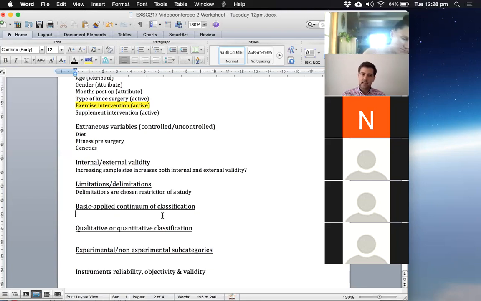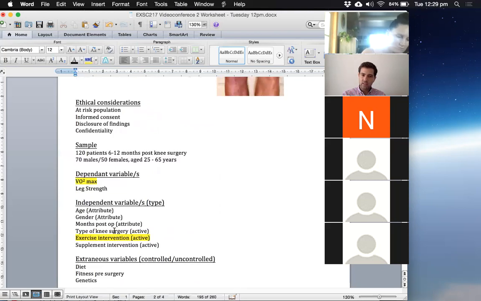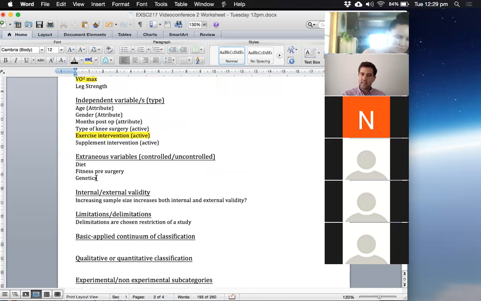So let's take what we've done so far. Say we're looking at exercise intervention and its effect on VO2 max. Let's say that the exercise intervention is one that a number in the rehab community use already or could use as best practice for their patients, and therefore is directly informing practice.